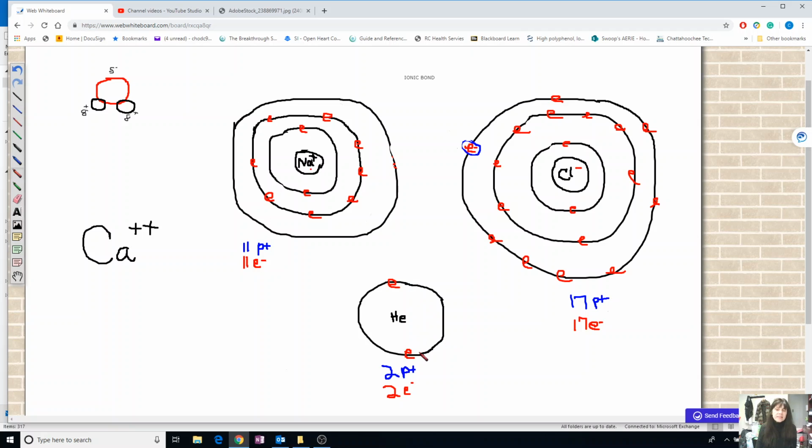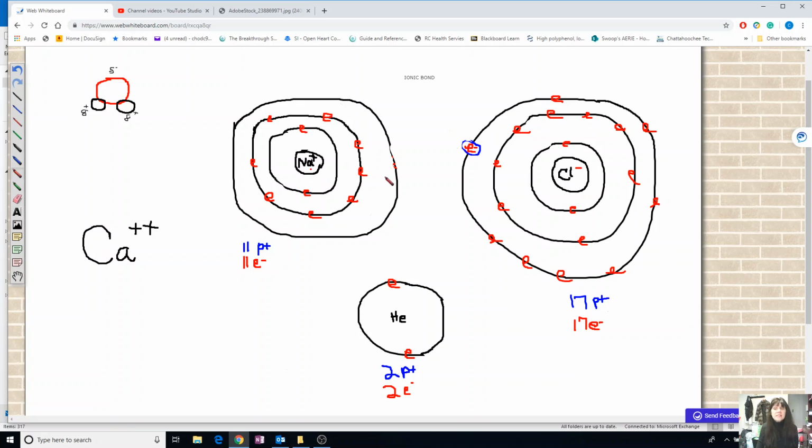Now, if we look at this valence shell, the outermost valence shell, there's only one, and it is completely full. Therefore, this is considered inert or unreactive. Unreactive atoms have completely full valence shells. They're not going to interact with anything.